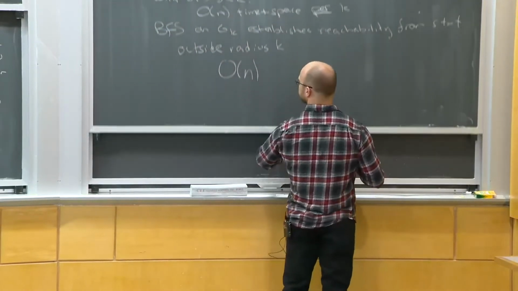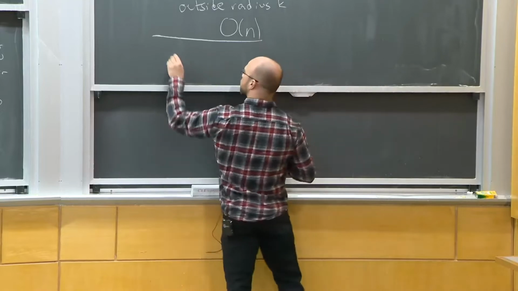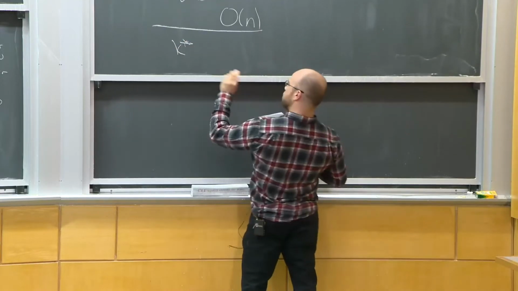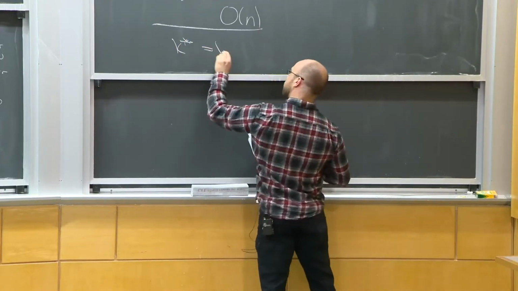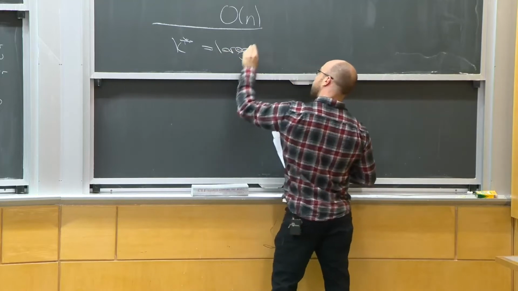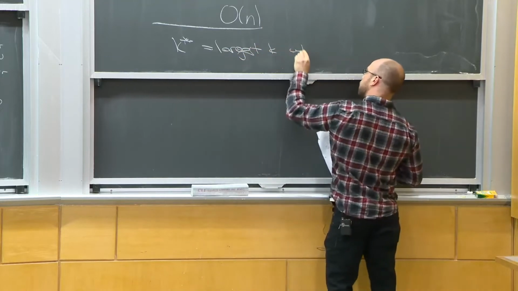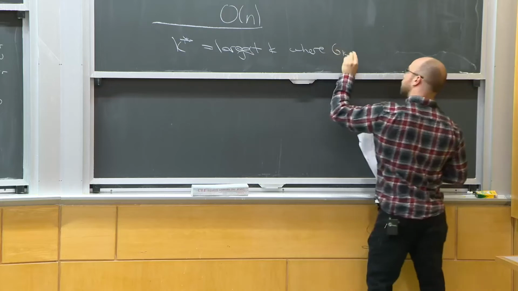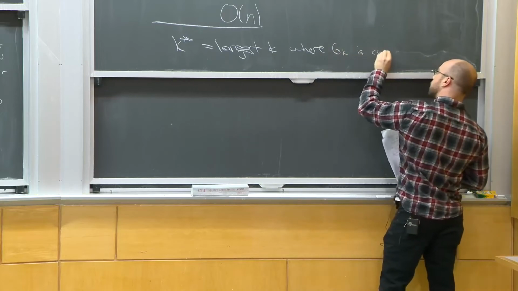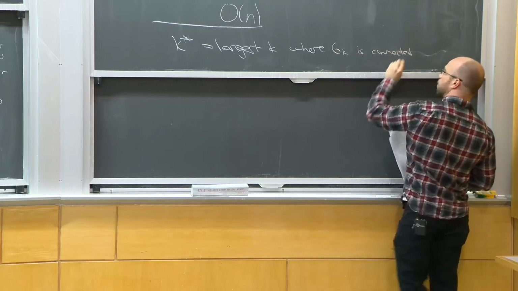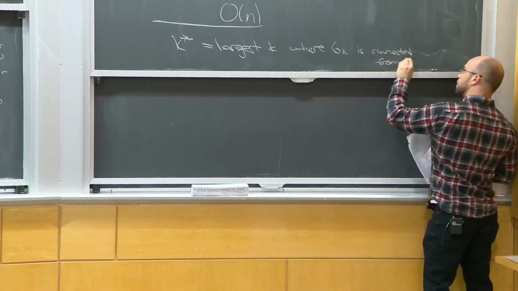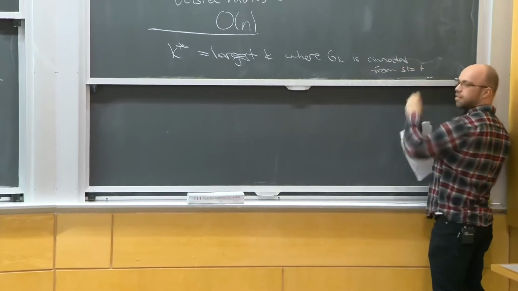So let's say that I want to find this number. I'm going to define K star as the largest K where GK is connected, oh, that's not quite right, from S to T. This is a weird way to phrase it.